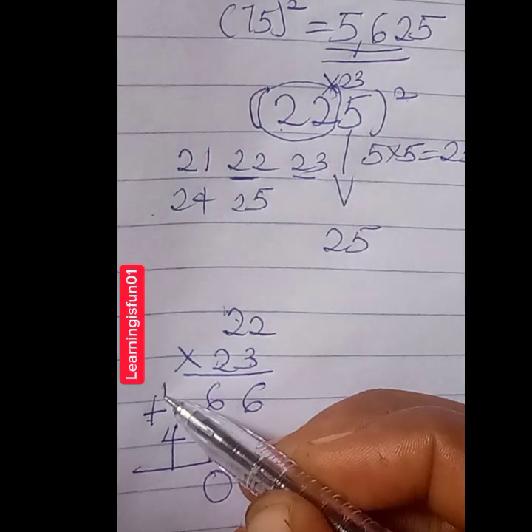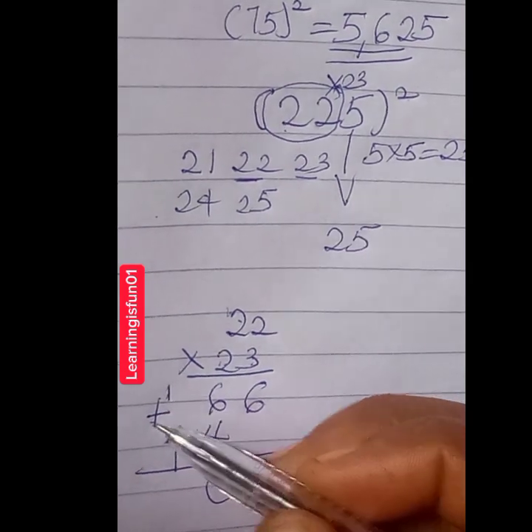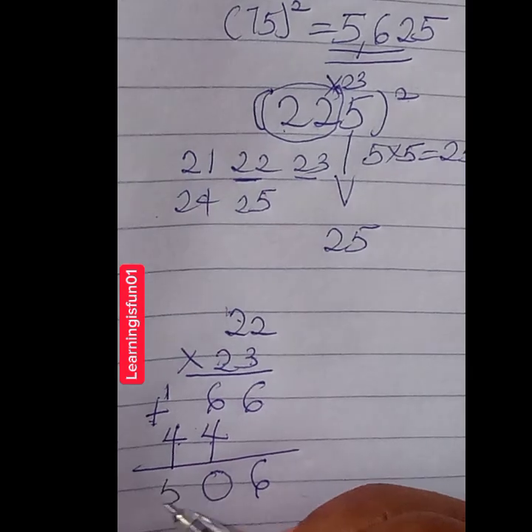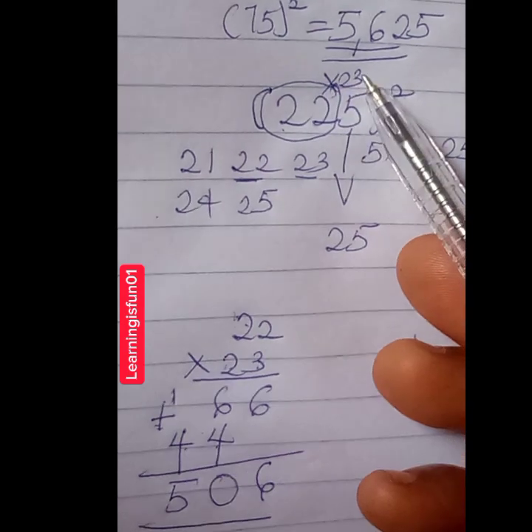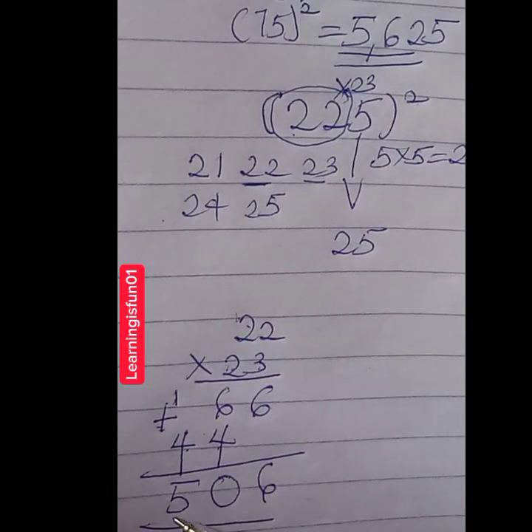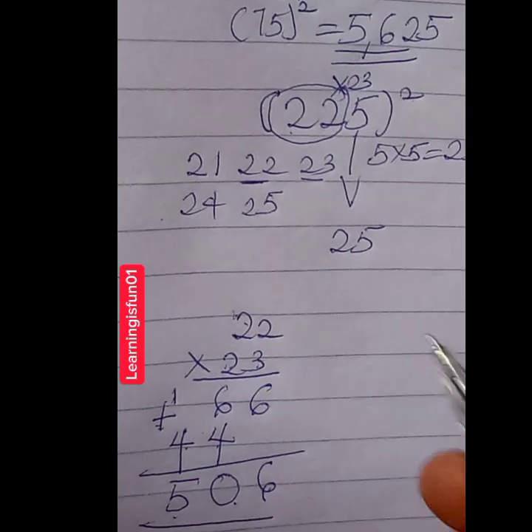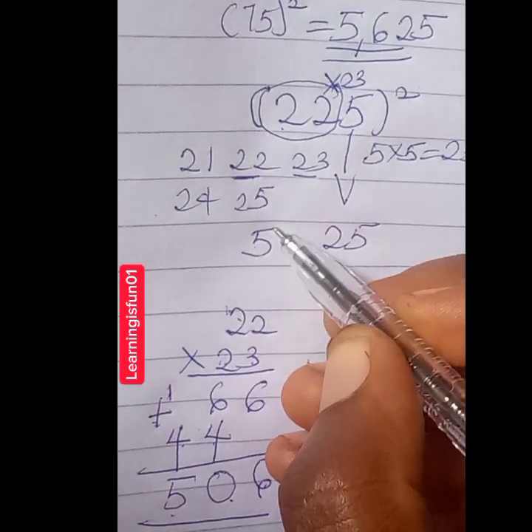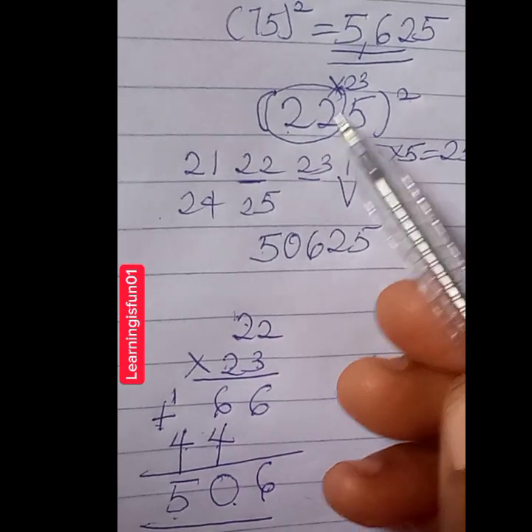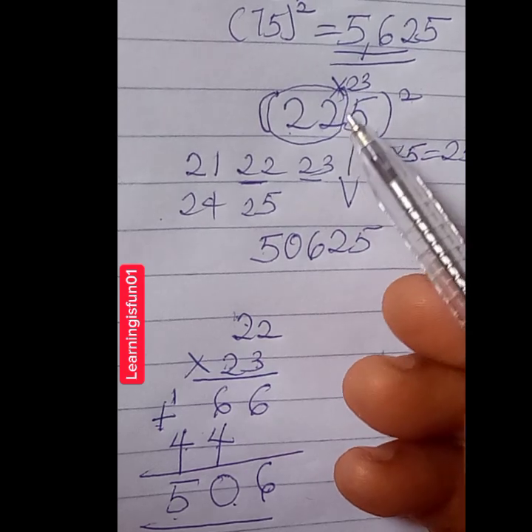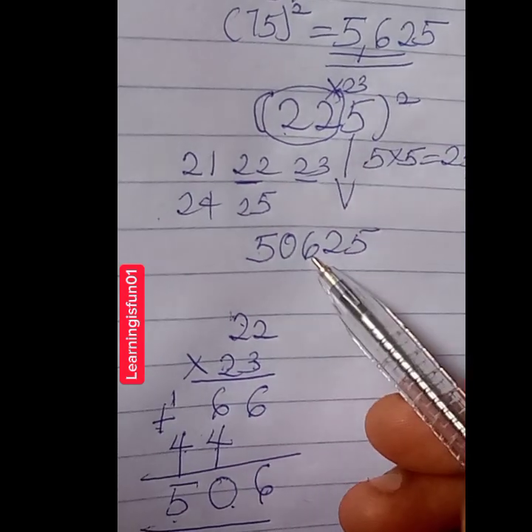The remainder will bring it here. Then we have 1 plus 4 equals what? 5. So 22 multiplied by 23 is going to be giving us what? 506. So we are going to be joining it here, 506. So 22 multiplied by 23 is 506.